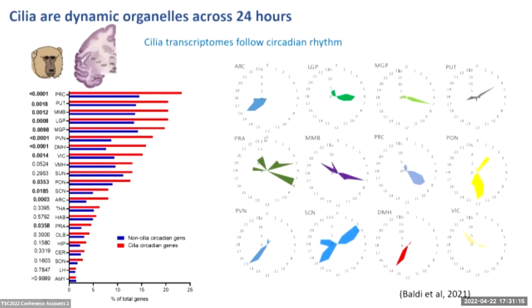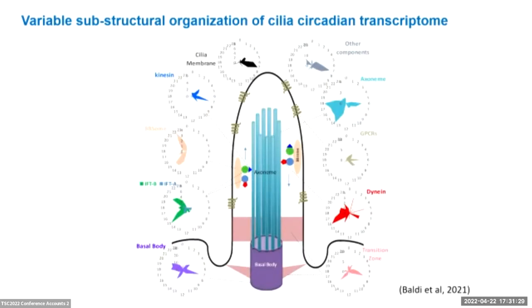But it's interesting that the peak phases of the cilia transcriptome in different regions look different. That means cilia in different regions of the brain really do different functions. That even motivated us to look at different functions. Not only that, we found that the genes in the substructural organizations of cilia have different peak phases.